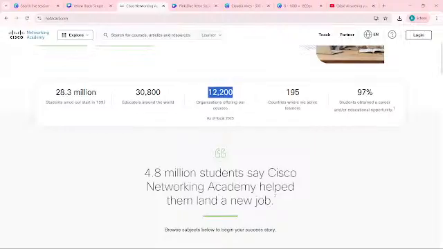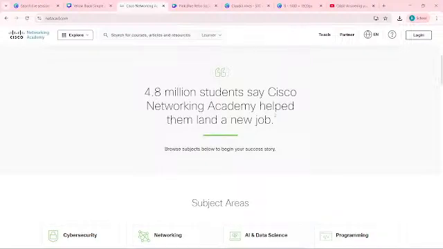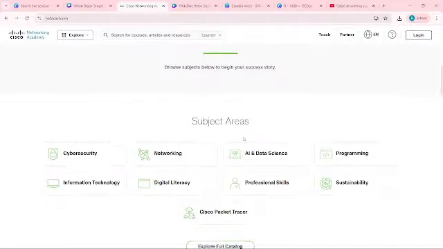These organizations you see are schools. For example, I attended University of Ghana. For University of Ghana, there are some courses that you have to do on the Cisco platform or even Huawei platforms. You can see 4.8 million say Cisco networking helped them land a new job.